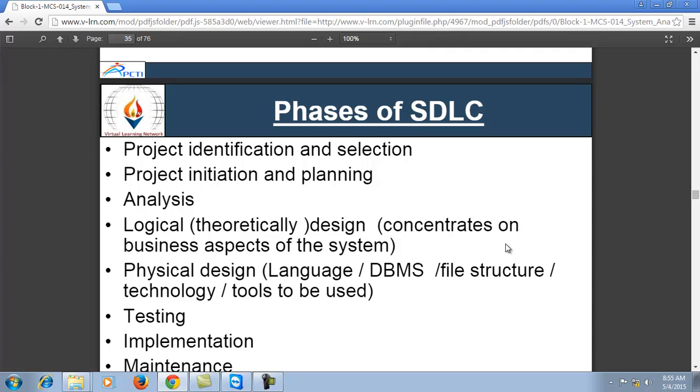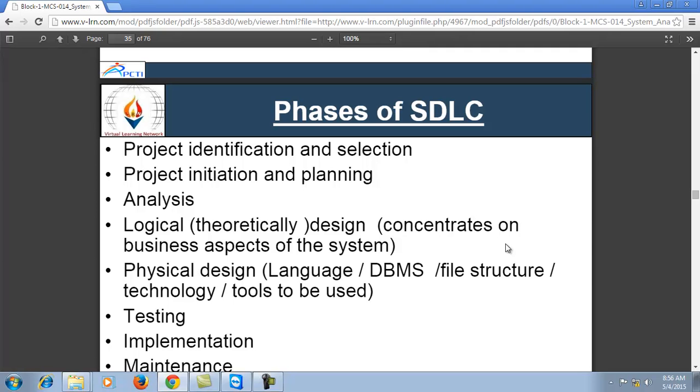So these two reports, the SRS and the feasibility report, are analyzed at each and every level. It means the feasibility report is responsible for generating the signal whether we have to develop this software or system or not.